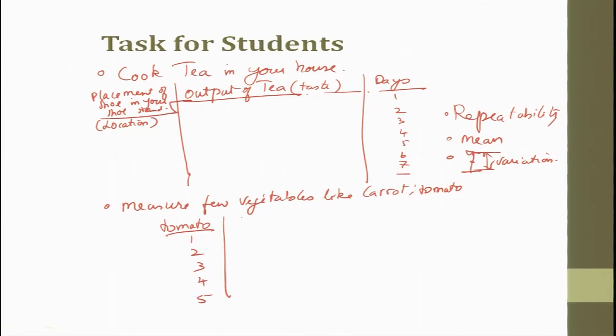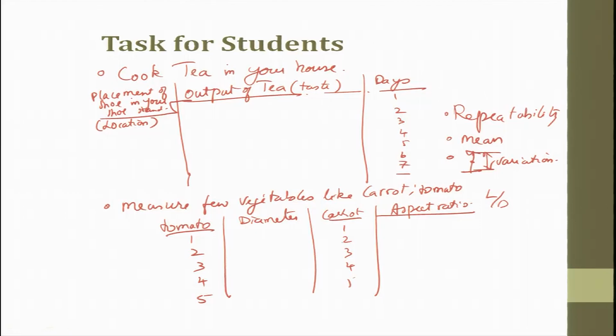Try to measure the diameter and see what the variation is. And for carrot, try to take carrots 1, 2, 3, 4, 5 and measure their aspect ratio. Aspect ratio means length by diameter. So, measure it and then start reporting it.